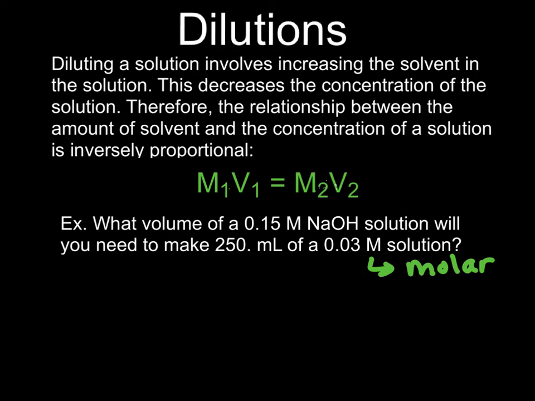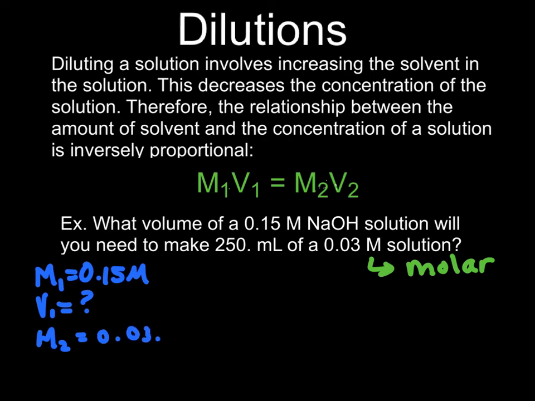Let's go through this again. What volume of a 0.15 molar solution? So we have our M1. M1 is 0.15 molar. V1, we don't know the volume this time. Our second molarity is 0.03 molar, and our second volume is 250 milliliters.